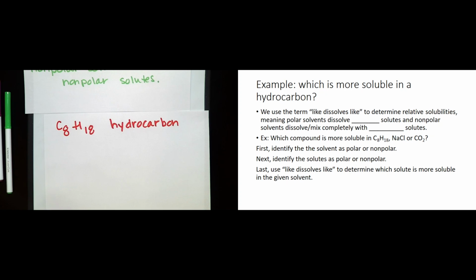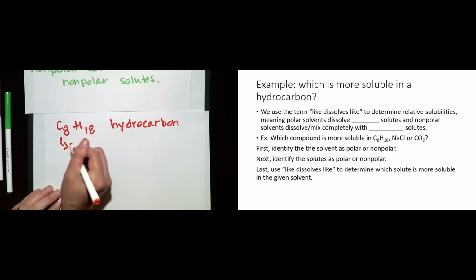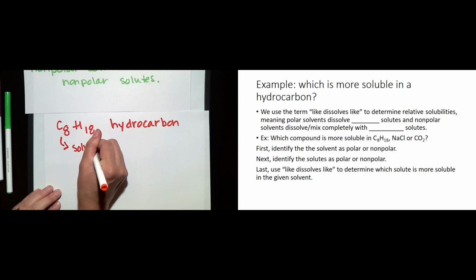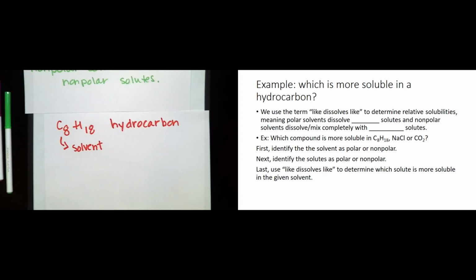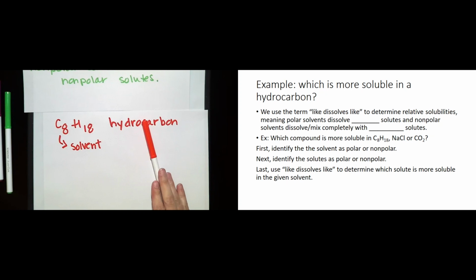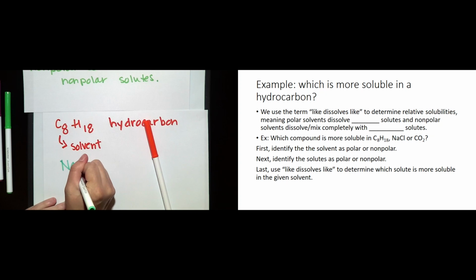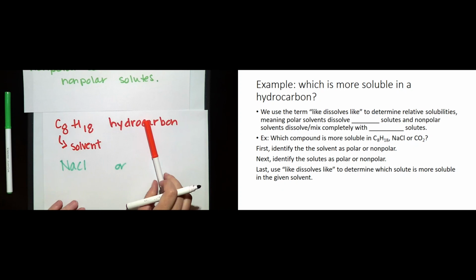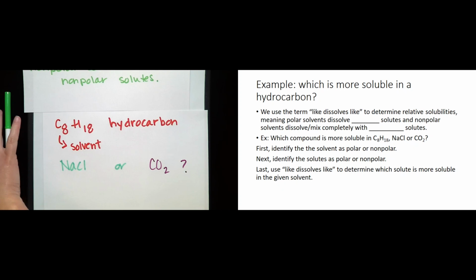All right, and when I say more soluble in, the phrasing of that sentence is telling you this is the solvent. It's really that preposition in that tells us that's a solvent. Okay, and which is more soluble? Sodium chloride or carbon dioxide? Which is more soluble?